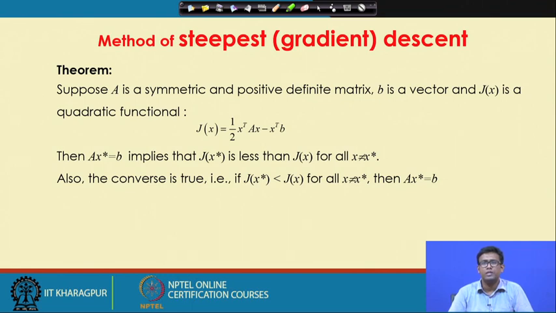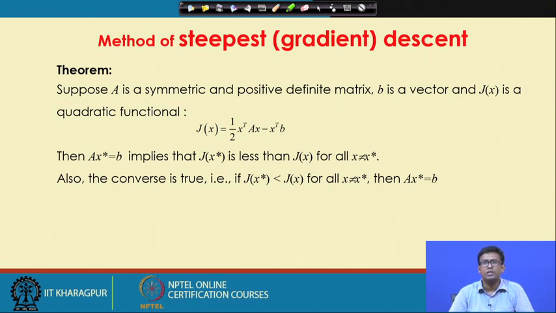If we look into this method, it starts with a theorem. Suppose there is a symmetric and positive definite matrix A and b is a vector, and now we define a quadratic functional J. A quadratic functional is basically a quadratic function in which all the components of the vector x are associated. x is a vector of the same order as b.